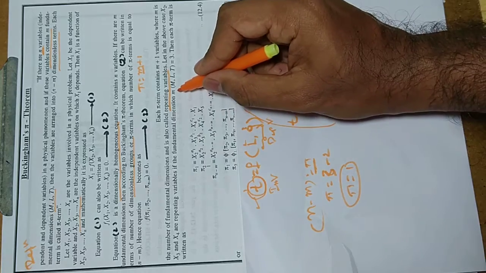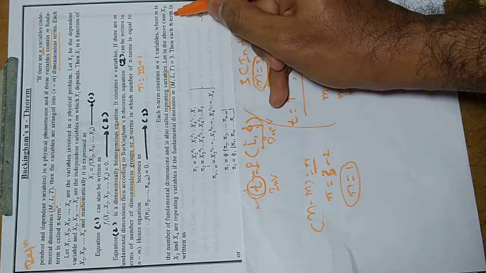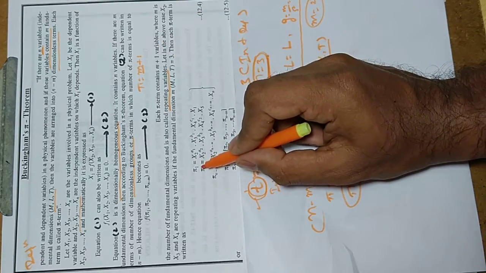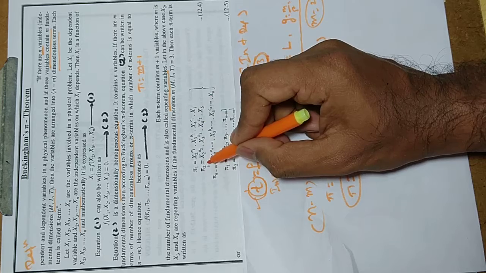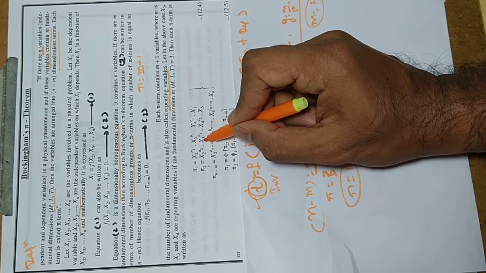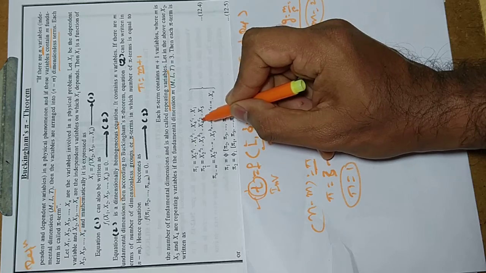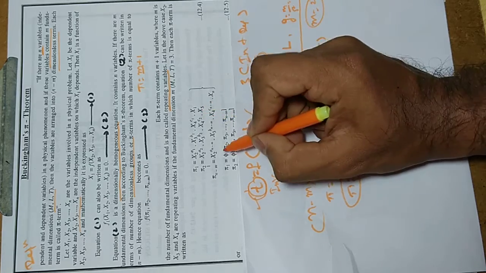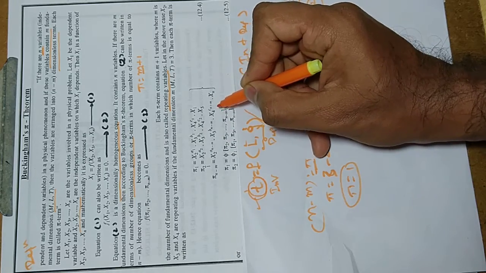If the fundamental dimensions m is equal to 3, each pi term can be written like that. Pi 1 is equal to x2 to the power of a2, x3 to the power of b2, x4 to the power of c2, times x1. Later you can write it like that, or you can write this one.